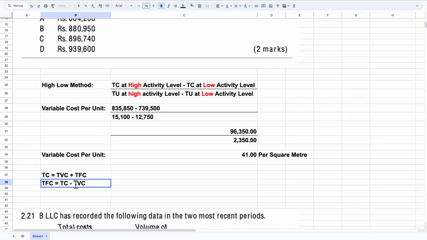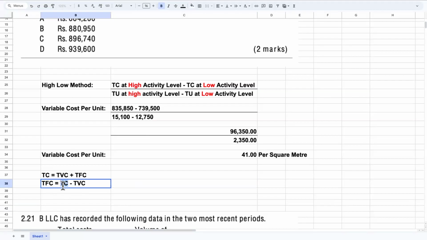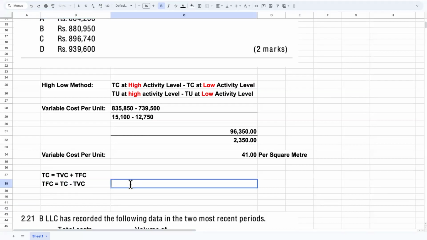The remaining part is going to be the TFC, total fixed cost, right? So for the total fixed cost, I have to take this total cost and take away the total variable cost out of it.